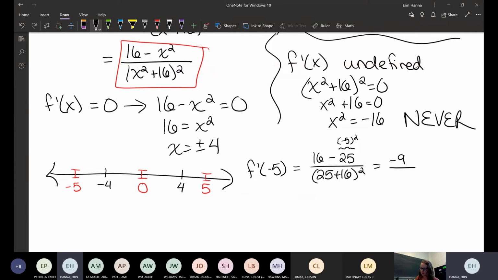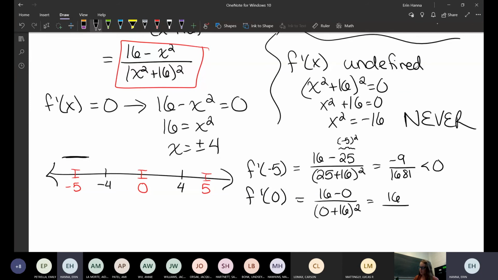Let me figure out what it is, though. Oh, geez. 1681. But this is negative. So when I plug in negative 5, I get a negative. When I plug in 0, 16 minus 0 over 0 plus 16 all squared will be 16 over 256, which is positive.